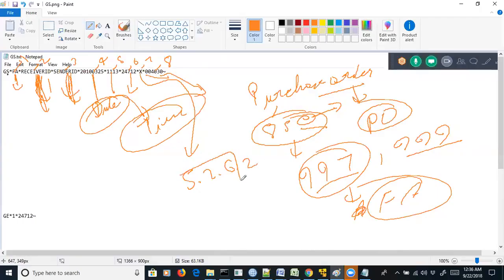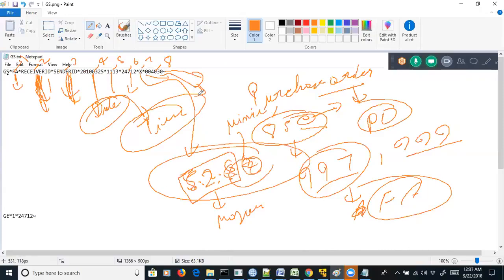So we call 5.2.6 the major version, and this is the minor version. In ISA, I will write 5.2.6, which is the major version, but here in the group header I have to write 5.2.6.2, the full version number. Okay, your full EDI version number. So this is your GS.